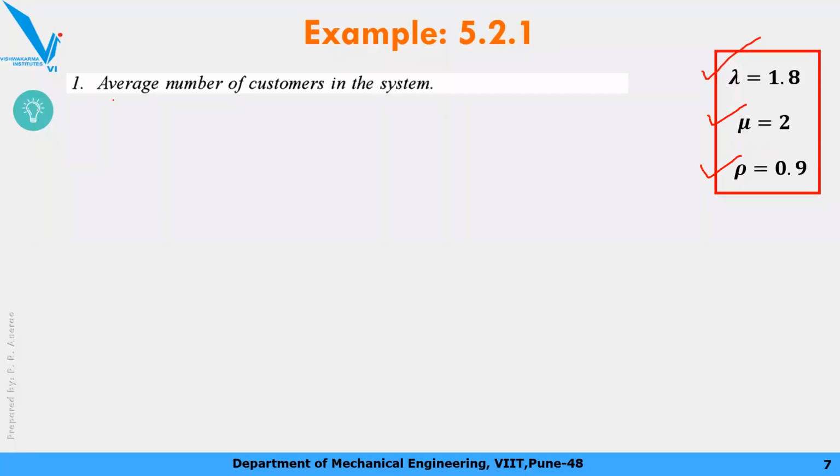So the aim is to calculate L in the system, that is LS. You know the formula: LS is rho divided by 1 minus rho. Rho is 0.9 divided by 1 minus 0.9, that is 0.1. So your answer is 9. So on average, 9 customers are present in the system.